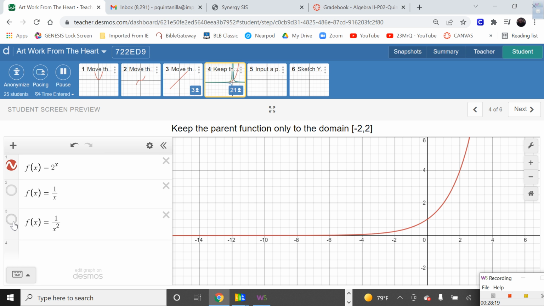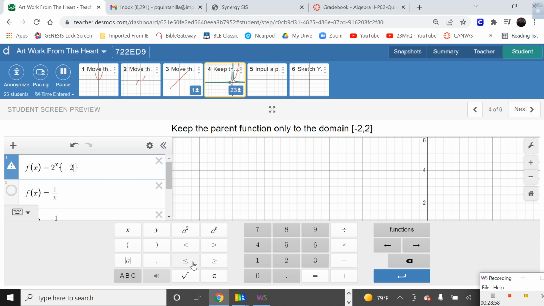Does that make sense? So if I wanted to move this one or see only the domain from -2 to 2, remember, we can't type in interval notation. It has to be in what? In set notation. Does everybody know what to do from here? Yes? Once you're done showing that part, for example, I would show set -2 less than or equal to x less than or equal to 2.